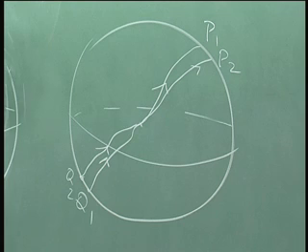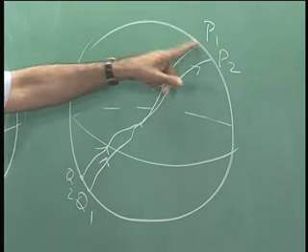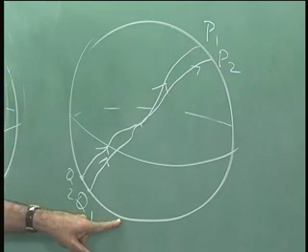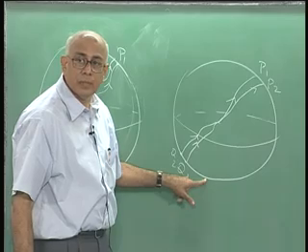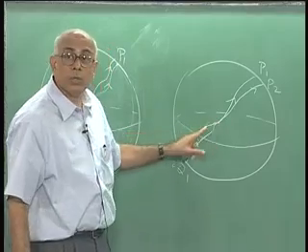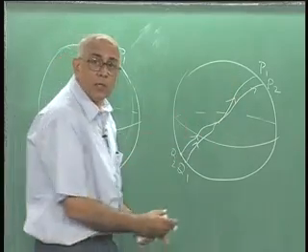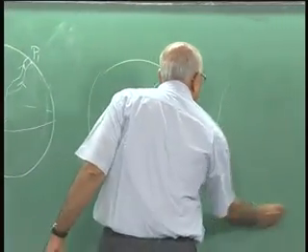I have shown them a little separate just for clarity. If I start distorting P1, Q1 will start moving in this direction always, but this is a path which has gone twice through this point, and certainly I can rewrite it like this.